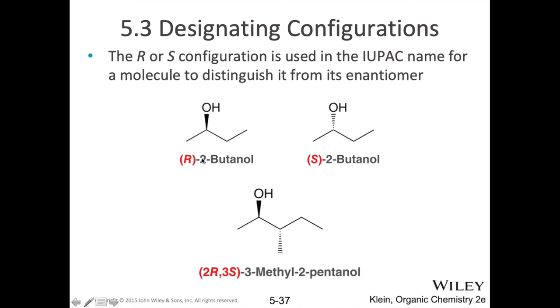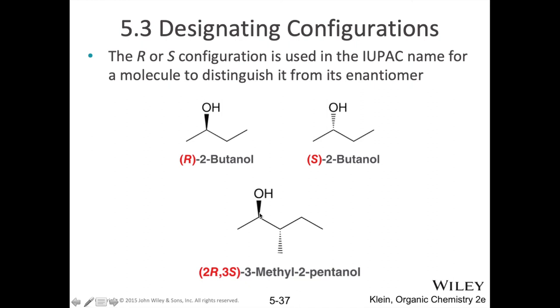Now, what do you do if you have more than one chiral carbon in your molecule? We're going to use the same locants that we would normally assign in our molecule and just write the R or S designation next to the locant. Then we separate them with a comma, like we'd separate any pair of numbers. In this case, notice that we've numbered this from left to right with this alcohol group on the number 2 carbon and this methyl group on the number 3 carbon. So this is carbons 1, 2, 3, 4, 5.